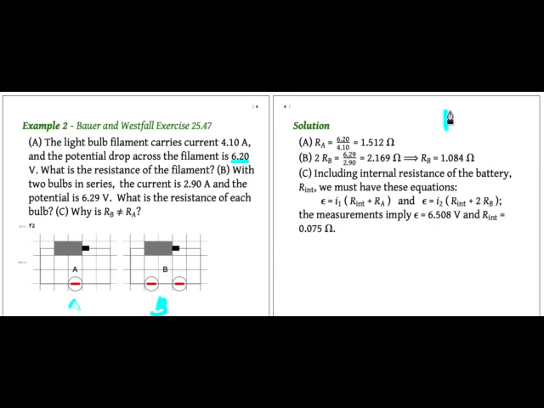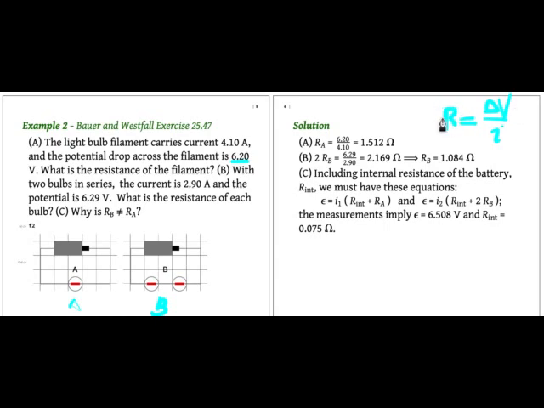So resistance can be written by Ohm's law as potential difference across the resistor divided by I. You know, delta V is IR, or I is delta V divided by R. So a larger resistance produces a smaller current.